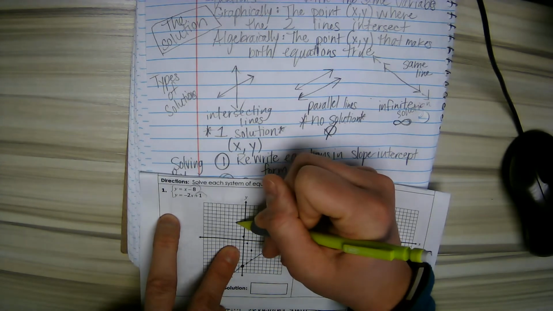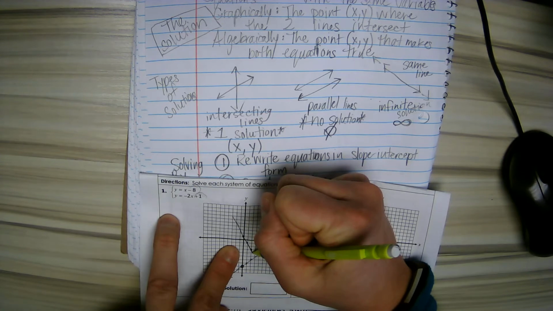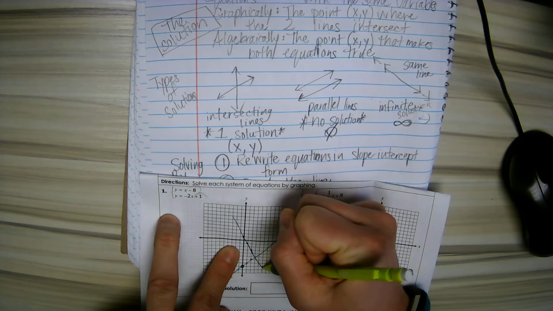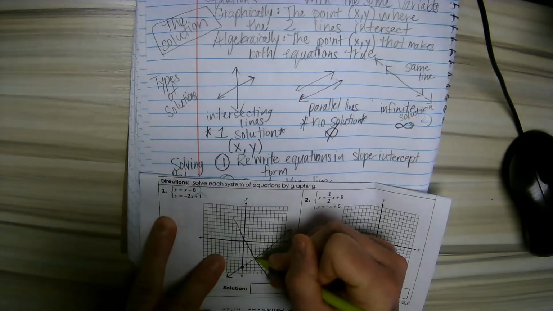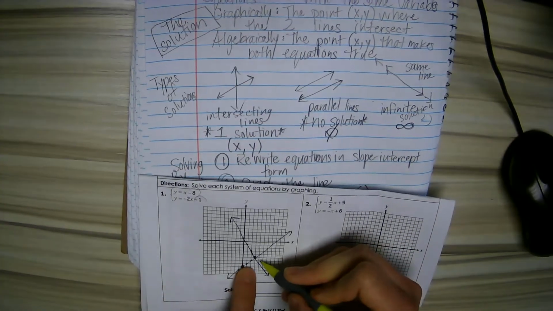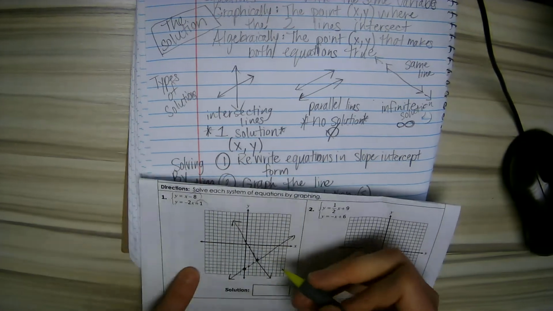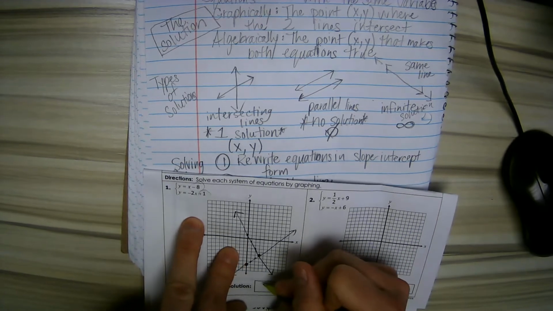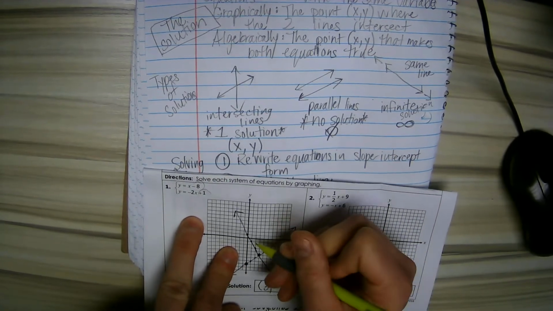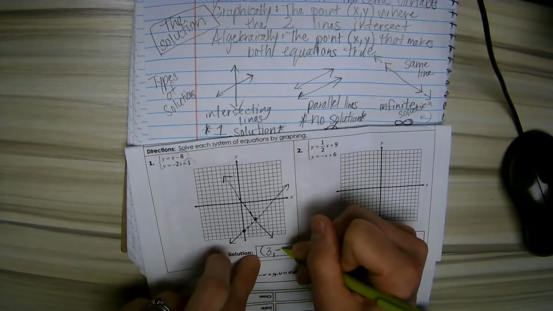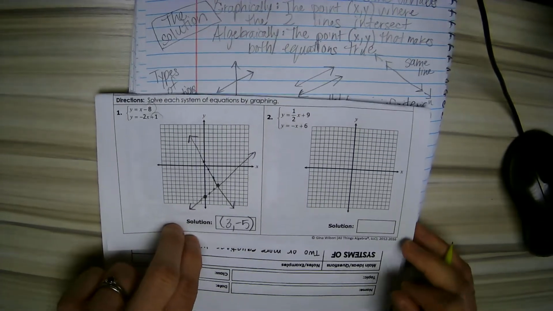So you can kind of get an idea where it's going through. My lines weren't the straightest, but it looks like it's intersecting right here. Remember, there's our solution. It's going to be 1, 2, 3 on the x-axis and negative 1, 2, 3, 4, 5, so negative 5 on the y. So there is our solution there.